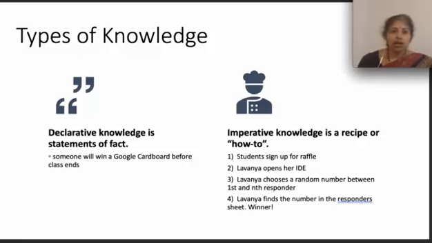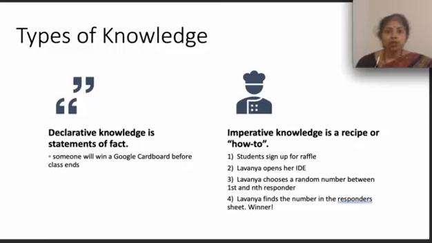And coming to the types of knowledge, broadly they are categorized into declarative knowledge and imperative knowledge. Declarative knowledge is nothing but a statement of fact. Sun rises in the east is a declarative fact.